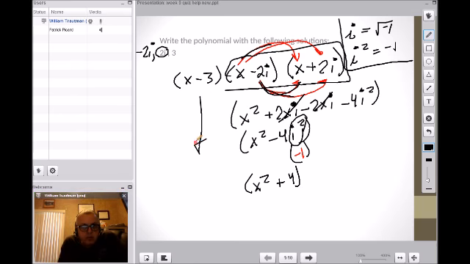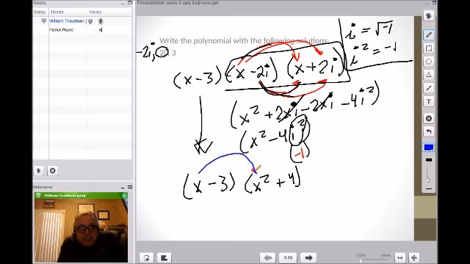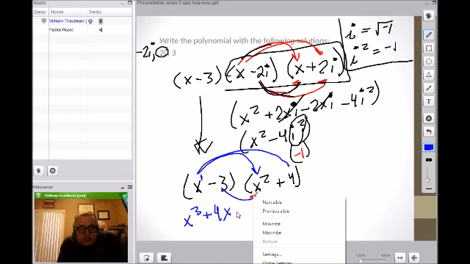Okay, bring down the x minus 3. And now we're going to FOIL this. We're going to go through the same process. X times x squared, x to the 1 power times x to the 2 power, is x to the 3 power. X times 4 is 4x. Negative 3 times x squared is a negative 3x squared. And negative 3 times a positive 4 is a negative 12.